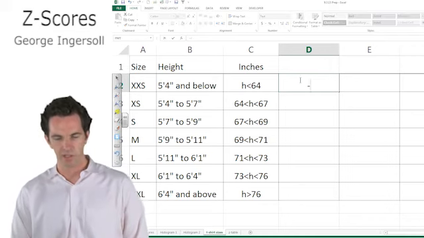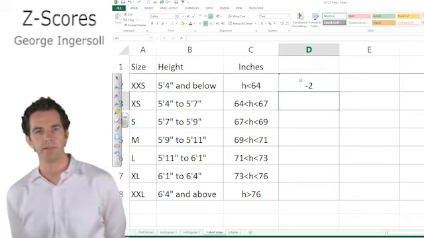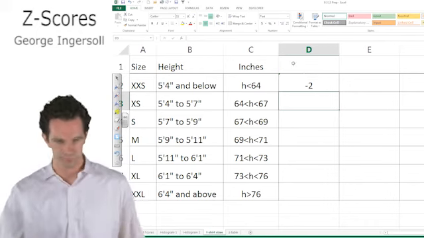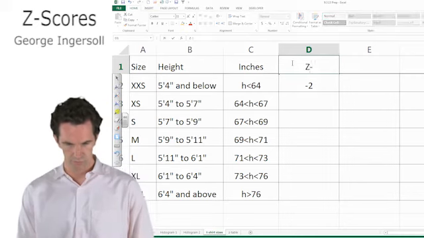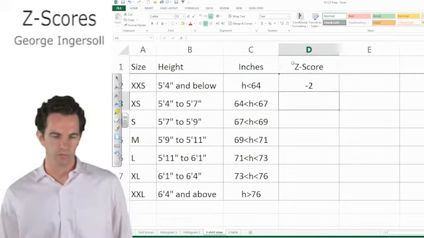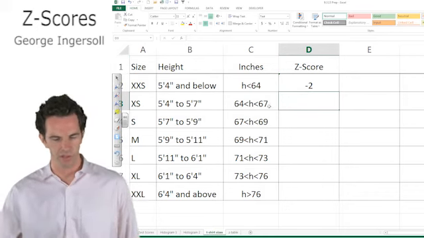I can say this is -2 standard deviations from the mean. That's a z-score of -2. Down here, we start off at -2 and then it goes to -1.